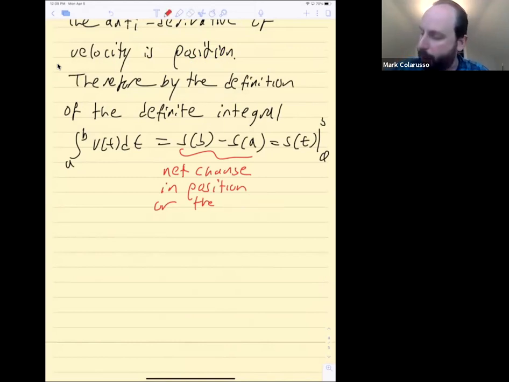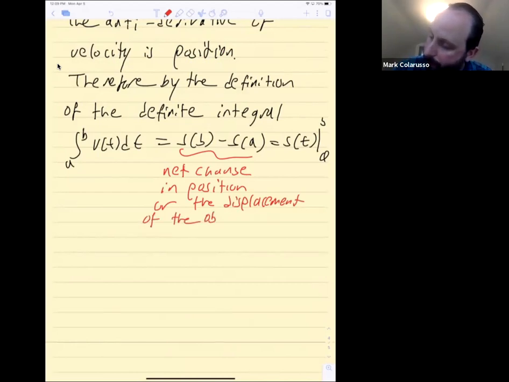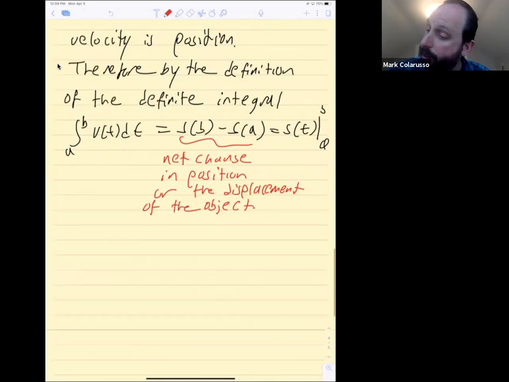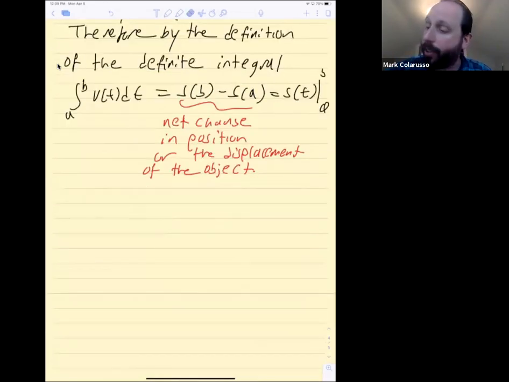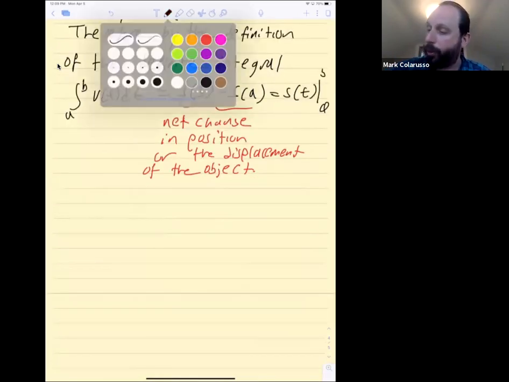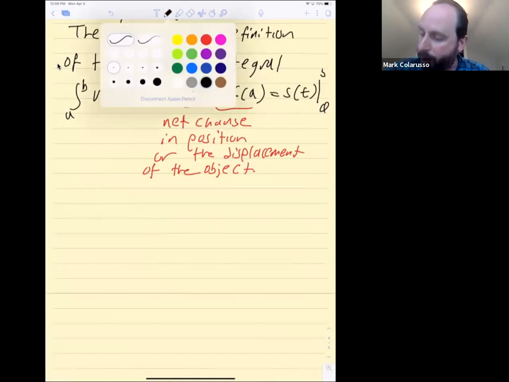The net change in position in physics is often called the displacement of the object. And that's exactly how far the object has traveled.